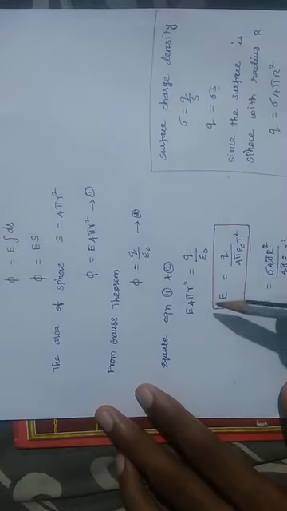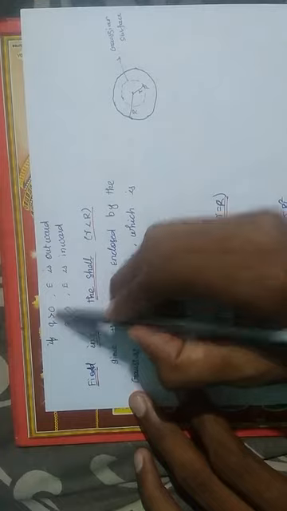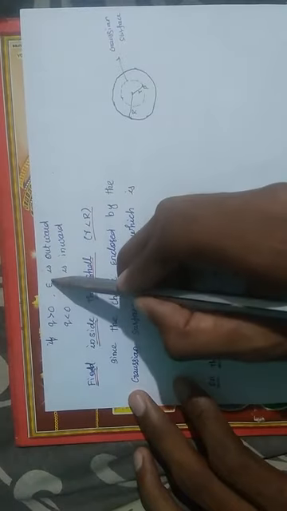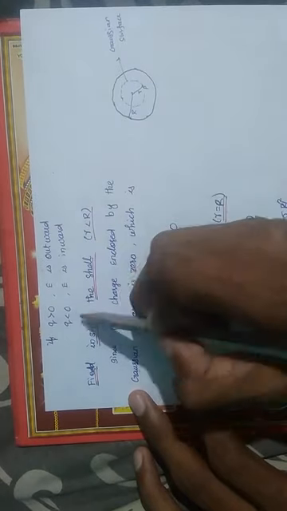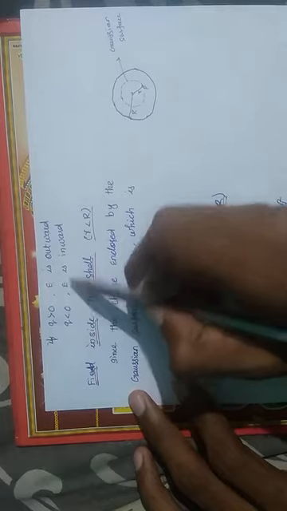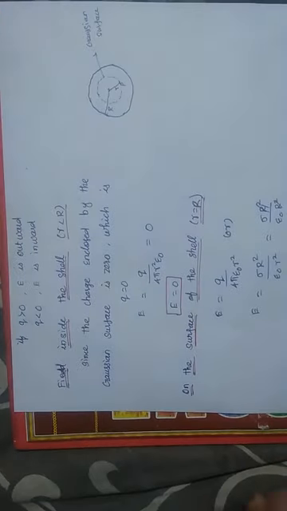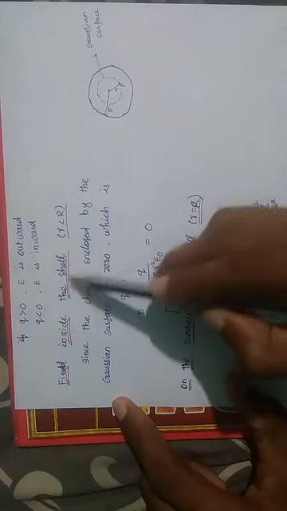From this expression, what conclusion can we come to? If q is greater than 0, E is outwards. If q is less than 0, E is inward. These are the two conclusions from the previous expression. The second case is the field inside the shell.